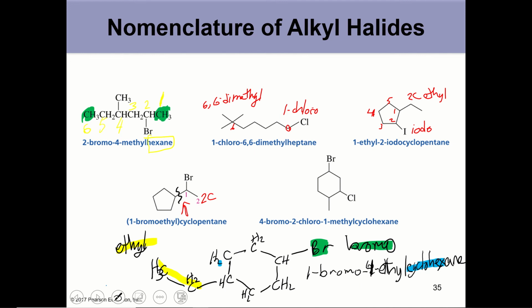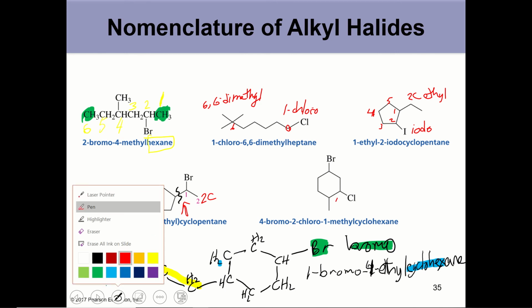Then if you look at the book's example at the bottom right, we have a ring with 3 substituents. I'm going to start numbering from the substituents that are adjacent towards the substituent that is separated, to give the lowest possible numbers.